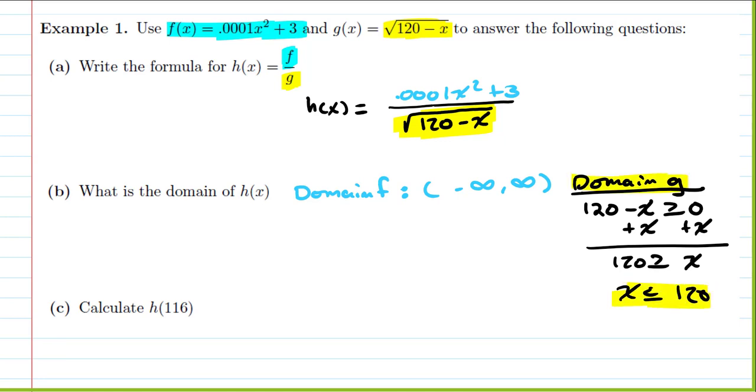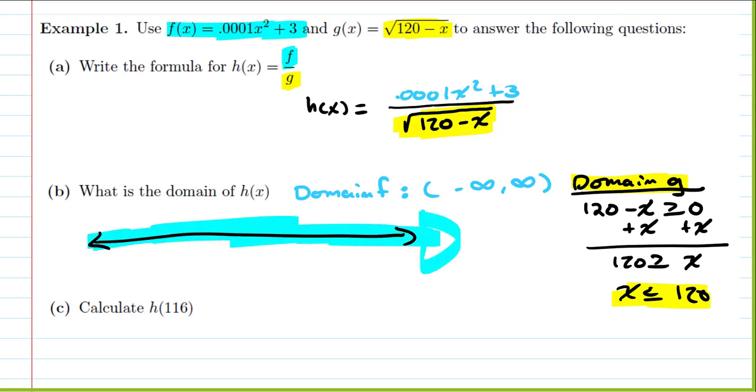h is made by combining f and g. So it's going to be the and of those two things. So if we're trying to find the domain of h, let's visualize it in terms of the domain of f. Well, the domain of f is everything. So if you visualize that on the number line, you would shade everything from positive infinity to negative infinity.